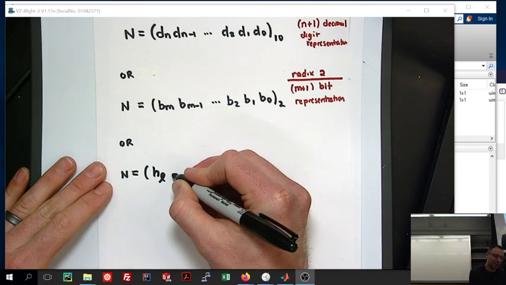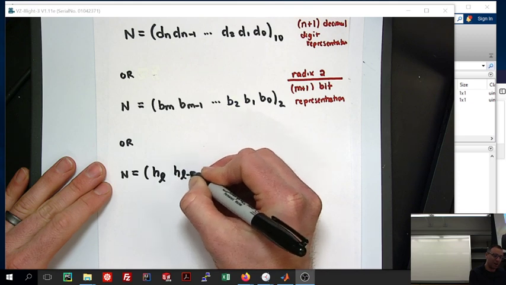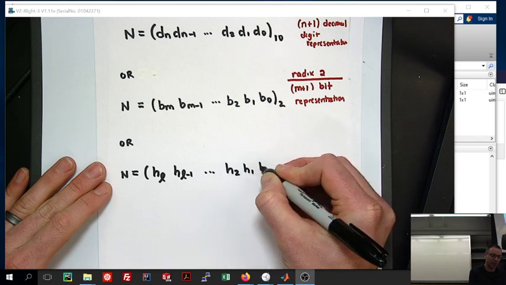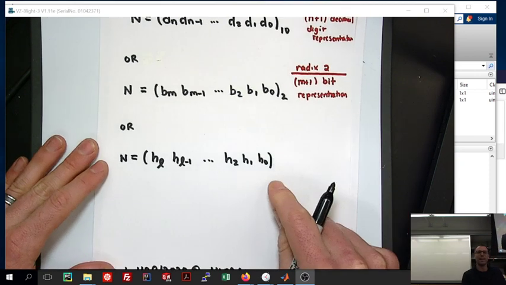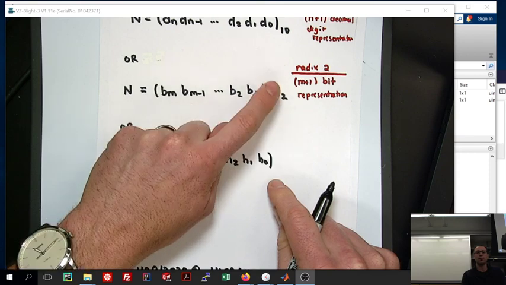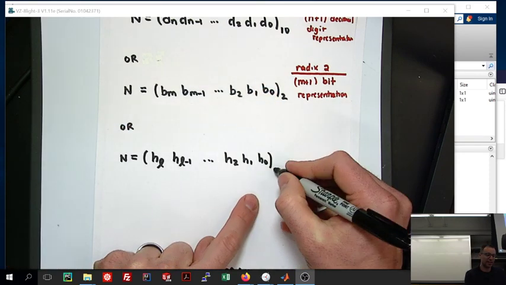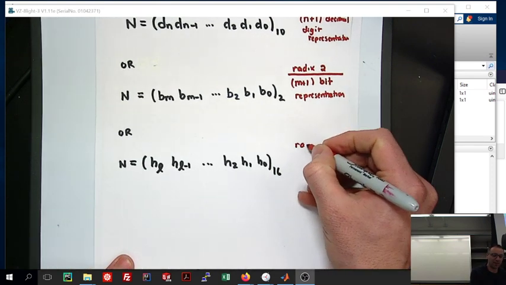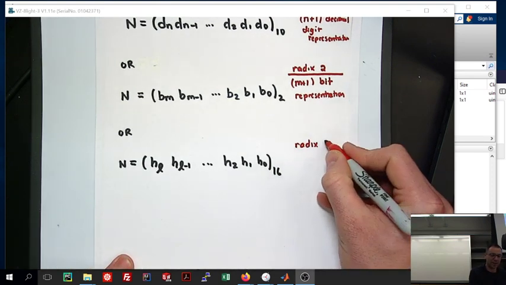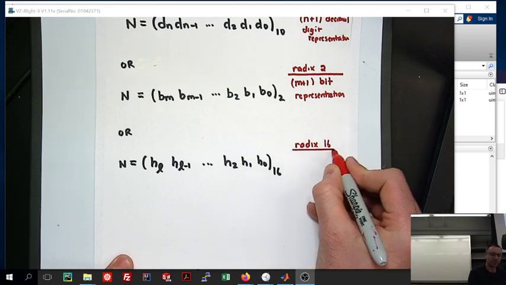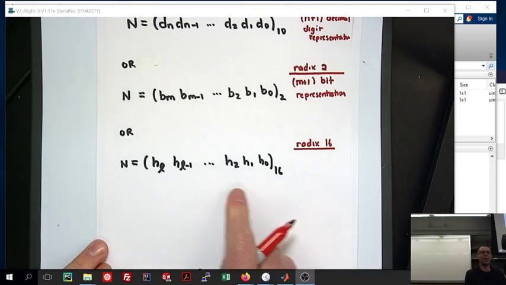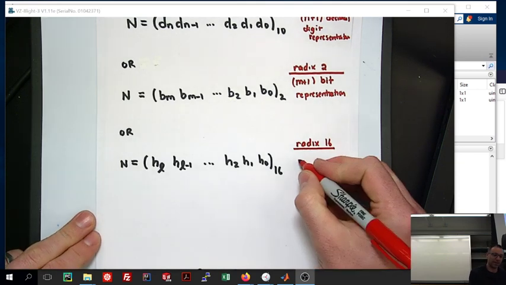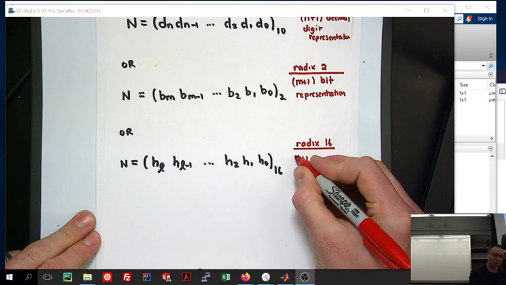H sub L minus 1, H2, H1, H0. Instead of base 10 or base 2, we would call it base 16. In this case, we would call the entire thing radix 16. What would we say about that representation? Yeah, this is going to be the L plus 1.